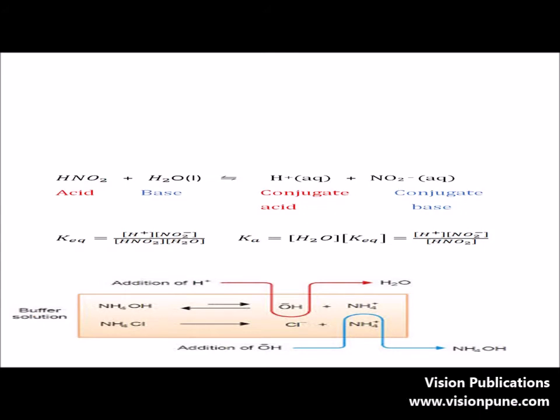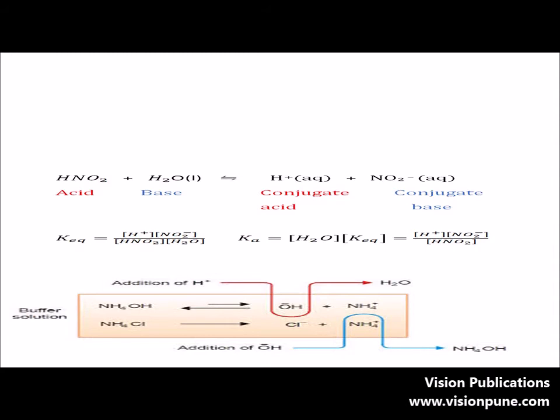So it will be equal to the activity of proton times the activity of nitrite ions divided by the activity of the nitrous acid. This is the way we can utilize the ionic equilibrium constants to find out the concentration.